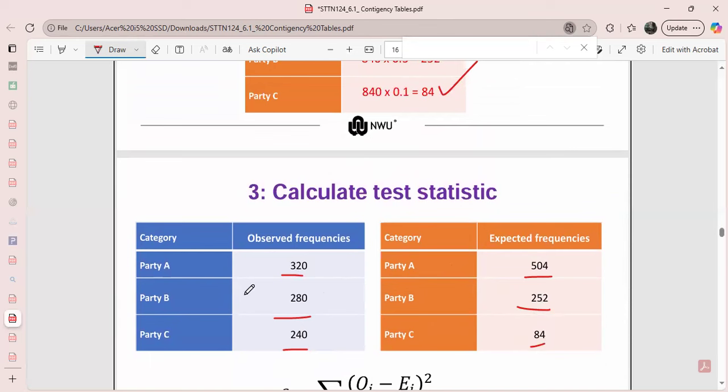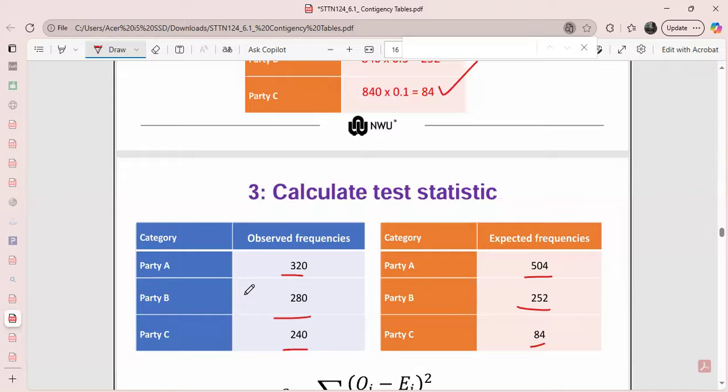Guys, there are two ways of calculating the test statistic when you are dealing with the contingency table. Either you will be given a scenario with percentages, and from those percentages you will have to calculate what we call the expected frequency, as I just showed you.